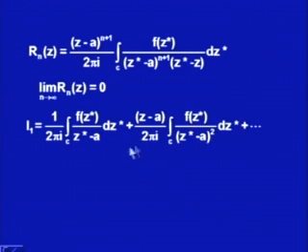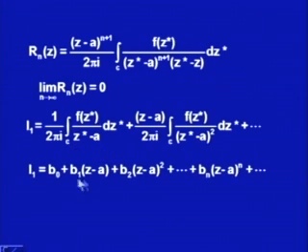So, in this way, we express this first coefficient as b0 and the coefficient of the second term, of (z minus a), as b1, and so on. So, I1 will be b0 plus b1 into (z minus a) plus b2 into (z minus a) square, and the nth term being bn into (z minus a) raised to power n, and so on.